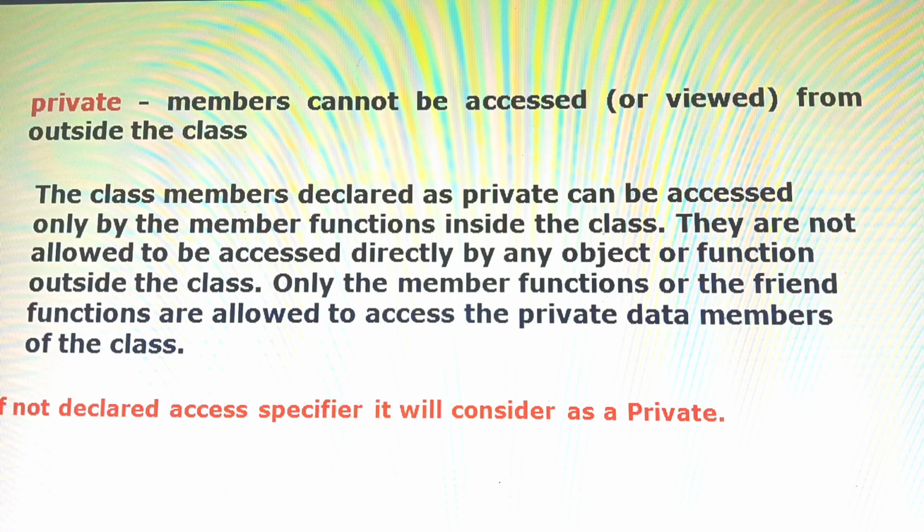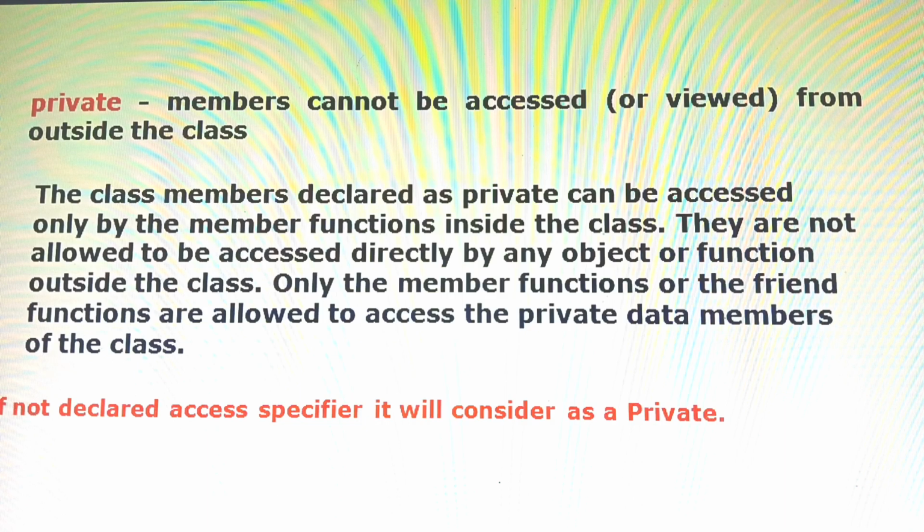Next one, private. What is the function of private? Just the opposite of public. Members cannot be accessed or viewed from outside the class. If we use the keyword private in the class to declare the members, that is functions or variables, those members cannot be accessed or viewed from outside the class. They are accessed only inside the class itself.